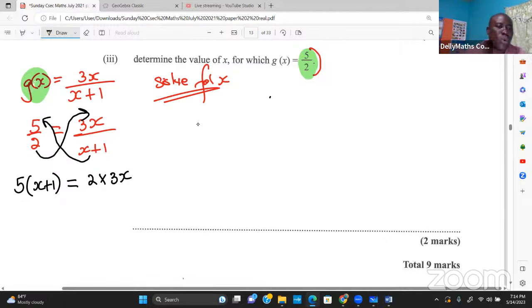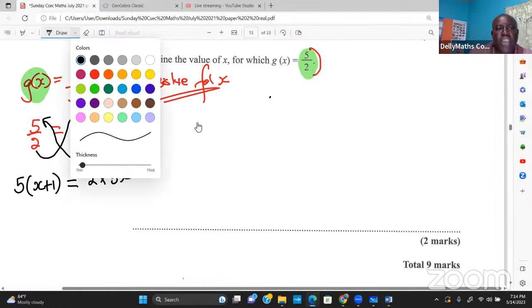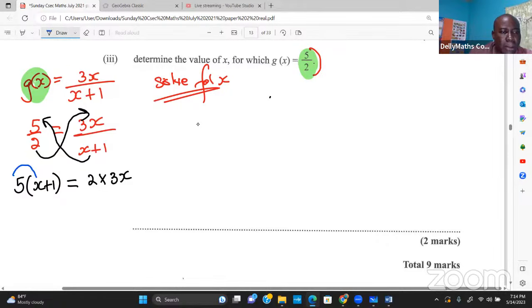In this case, you want to simplify. What do I mean? Now you're going to have to employ your distributive property, where 5 will multiply the x and 5 will multiply the 1. 5 times x gives us 5x, and 5 times 1 gives us 5. And this is equal to 6x.